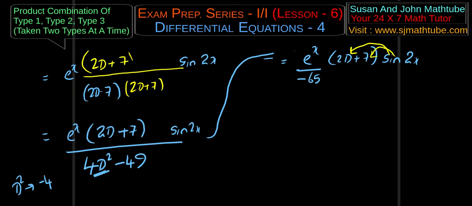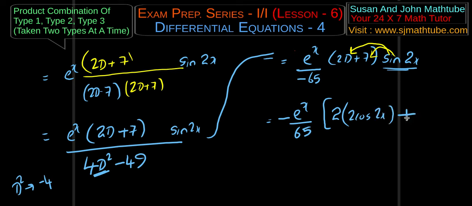So we are going to get minus e to the power x by 65 and 2 into, what is the derivative of sine 2x? Yeah, 2 cos 2x plus 7 into sine 2x.